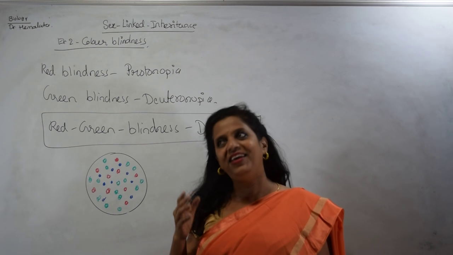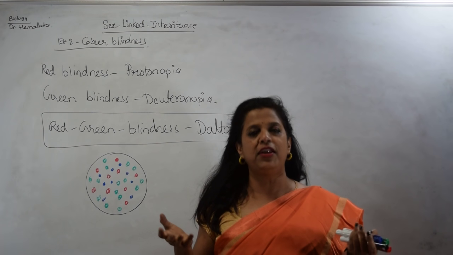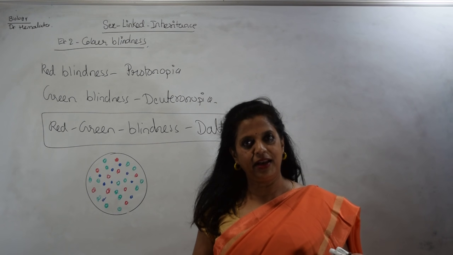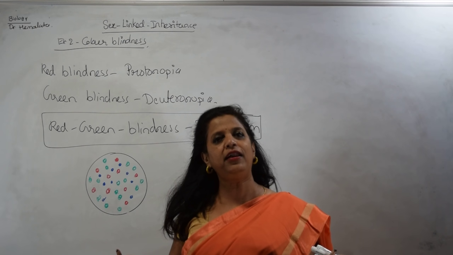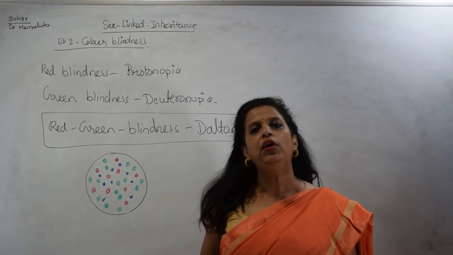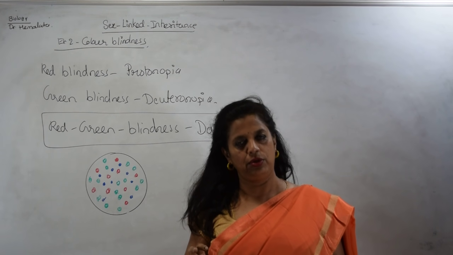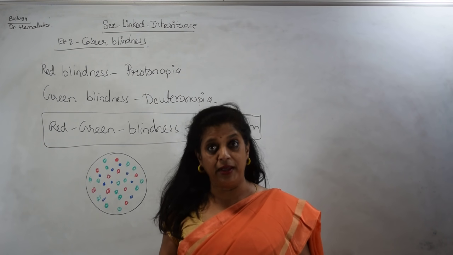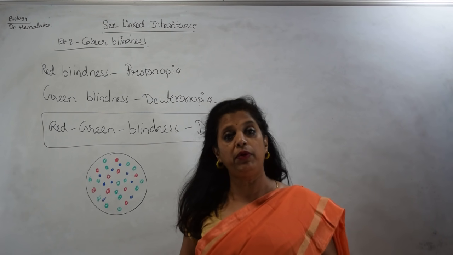If you go to drive a vehicle, if you are at the signal, the signal colors are red and green. If you are not able to distinguish between red and green color, you are gone, right? Therefore, it is very important for you to follow certain rules which are already made. Rules are not made for a joke. Most of the time, now also people will joke.